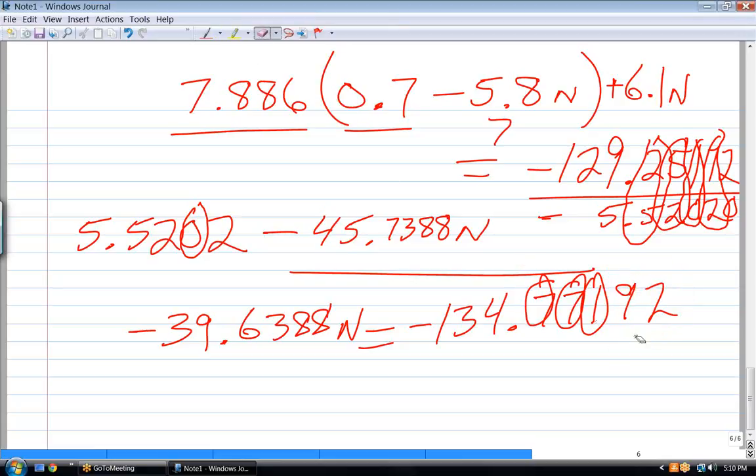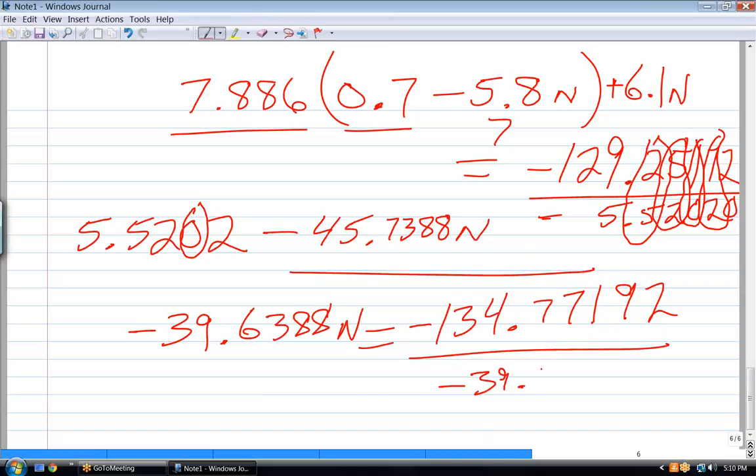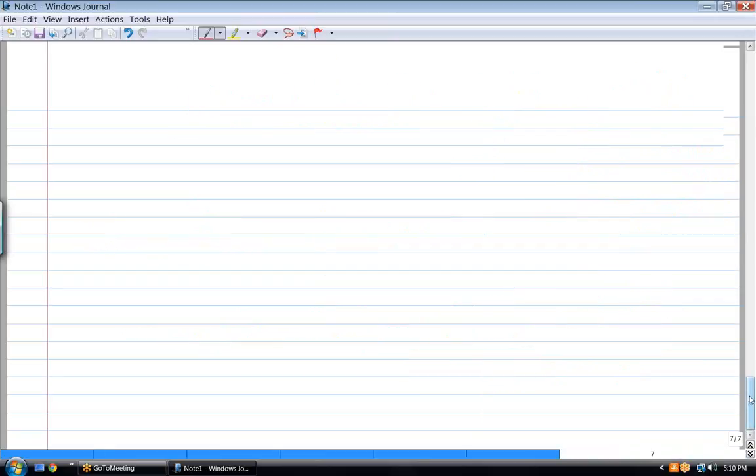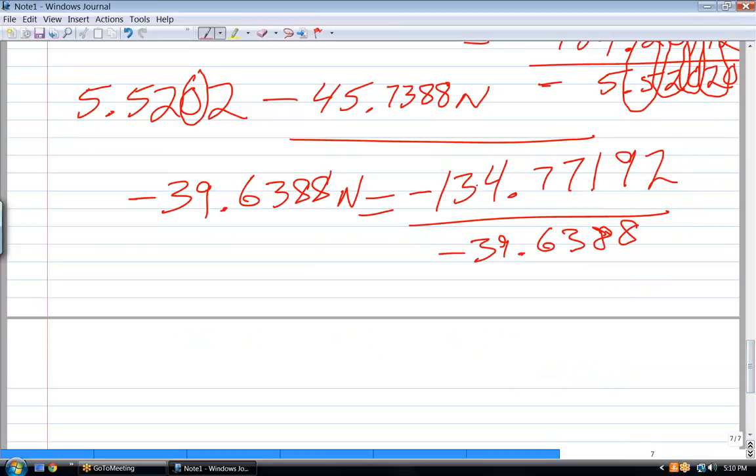Okay, and then you have to divide both sides by negative 39.6388. Now this one I got no tricks. Whatever number you give me, I'm going to write down. I know it's got to be positive. I know it's going to be about 3 and change, just from looking at it, because 39 goes into 134 about 3 times.